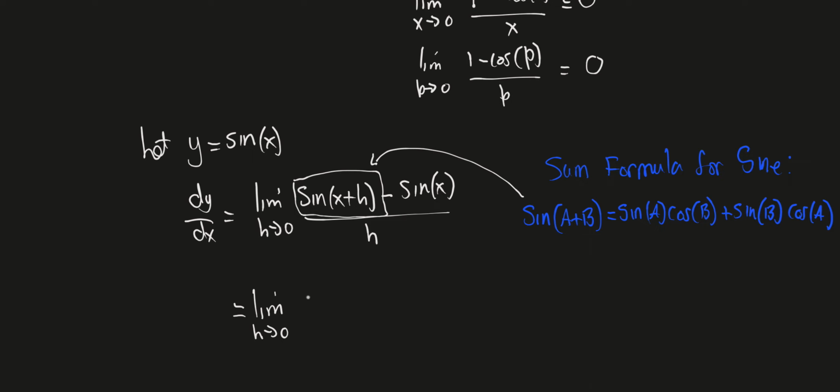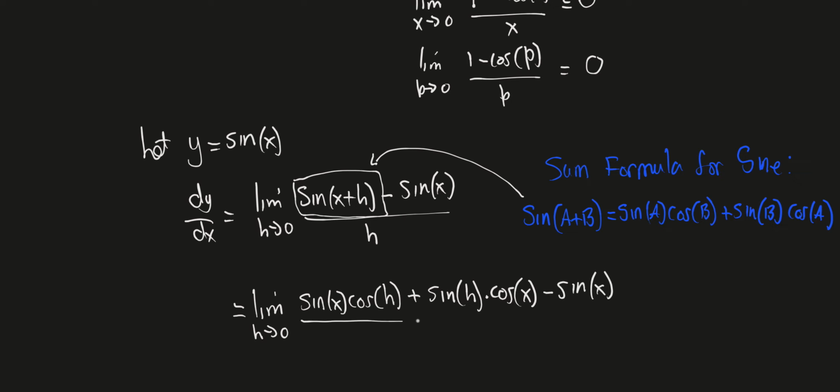So I'll end up with the sine of x times the cosine of h plus the sine of h times the cosine of x, right? So that's everything I have boxed off here. That's this using my identity, and then now minus the sine of x, and that's all over h.